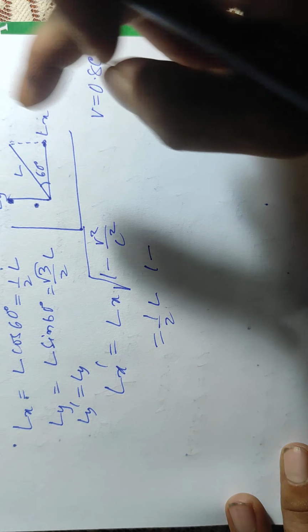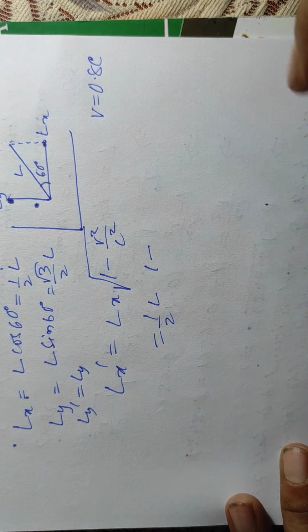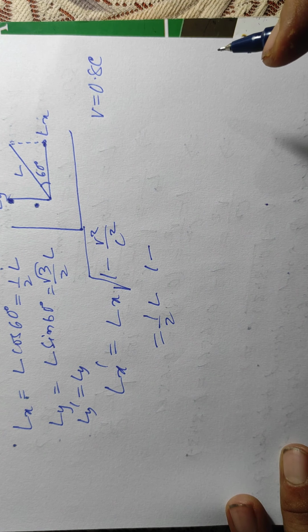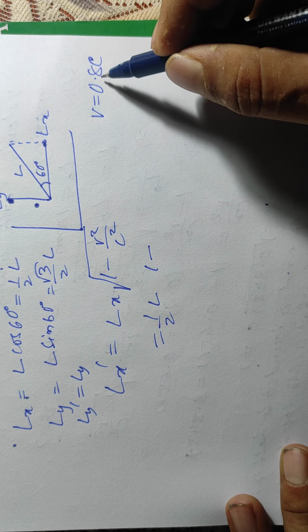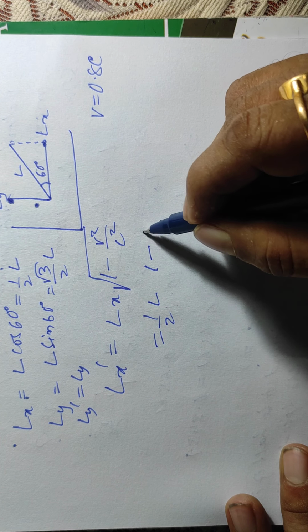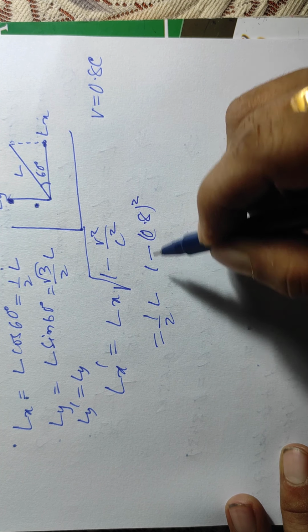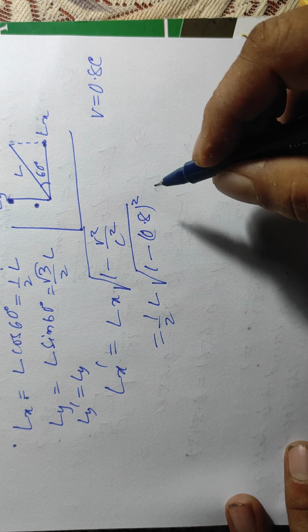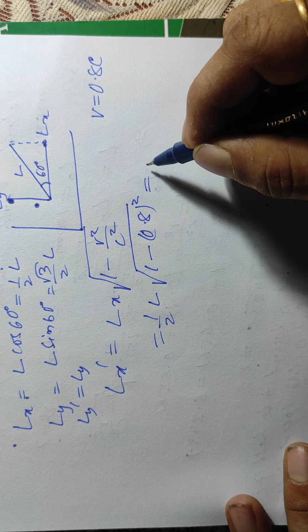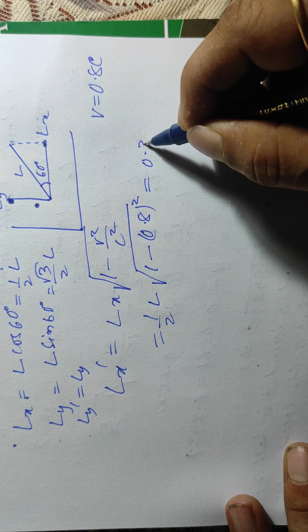Here the frame is moving in this direction. Clear? So V by c is equal to 0.8. So V by c whole square, that means 0.8 whole square, root over of this one. Clear? So if you calculate this one, you will get 0.3 L.